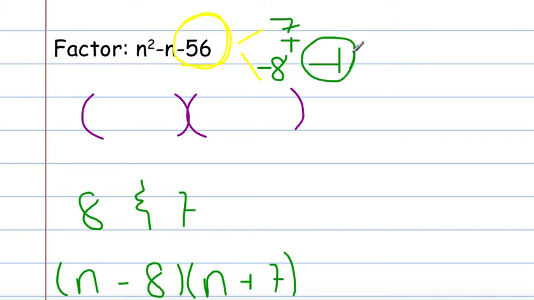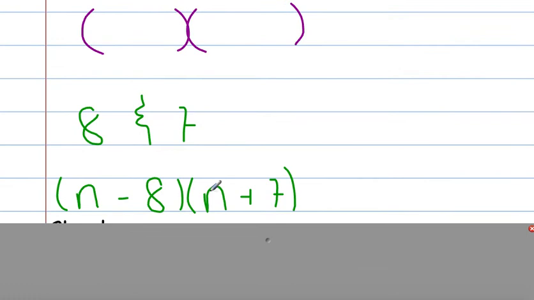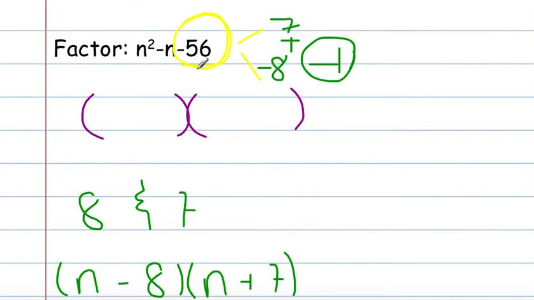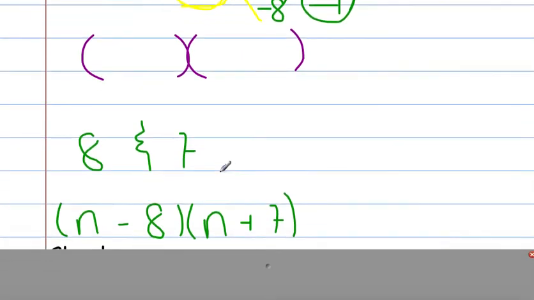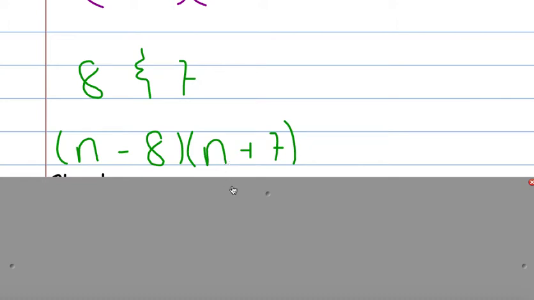That's why it's important to remember that I can manipulate this answer by changing the signs. Since it's a negative 56, one of these two factors needs to be negative, and then we know which factor it has to be when we look at our second term, because we can see which one is going to give us a greater or smaller answer.